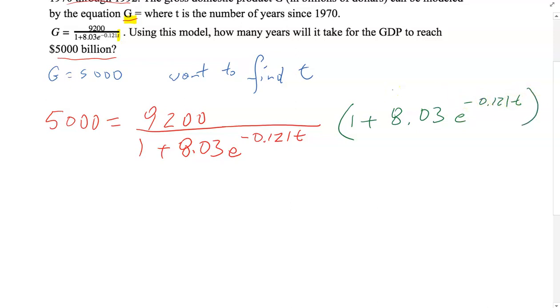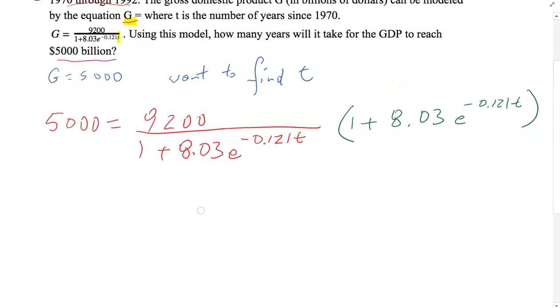And whatever you do to one side, you also do to the other side. So you multiply this side as well by the same 1 plus 8.03 e to the negative 0.121 t.